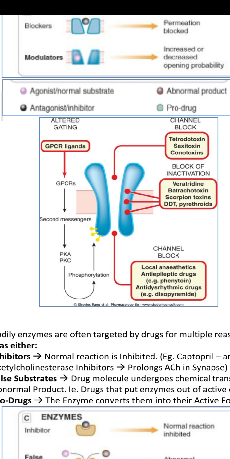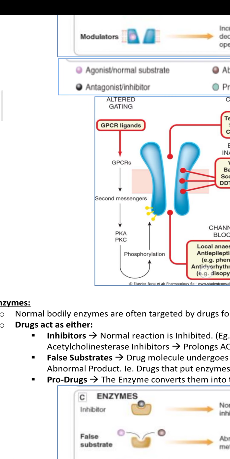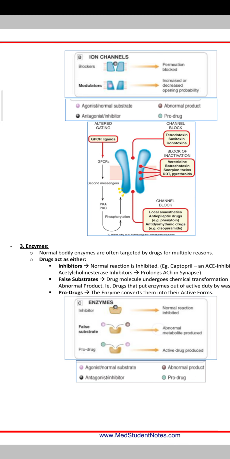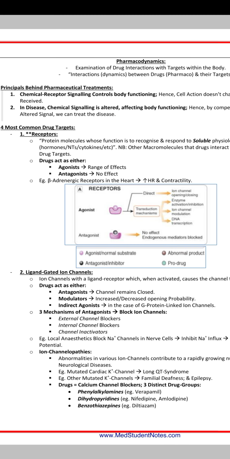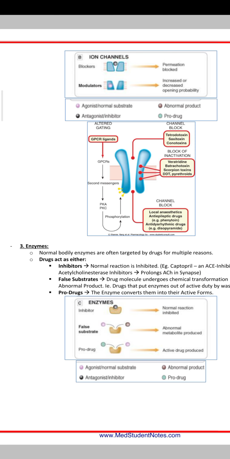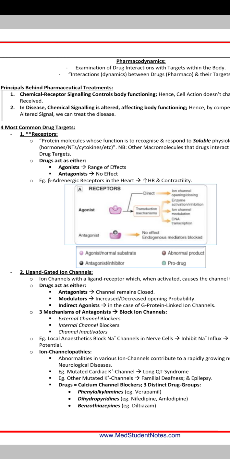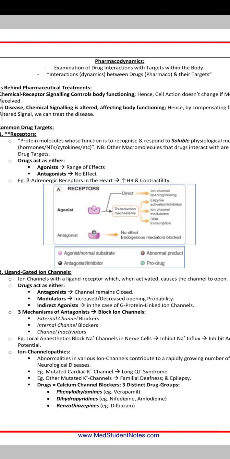Next is altered gating. There are receptors, then ligand gated ions, and enzymes. In ligand gated ions there are drugs acting as antagonists, modulators, and indirect agonists.